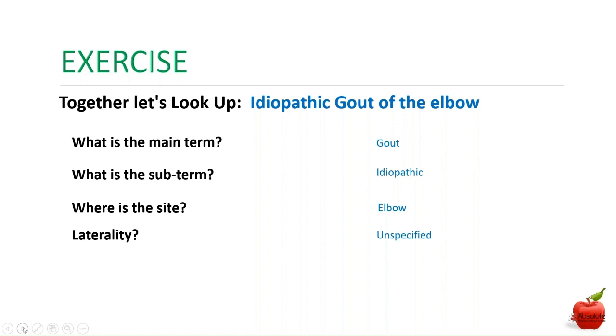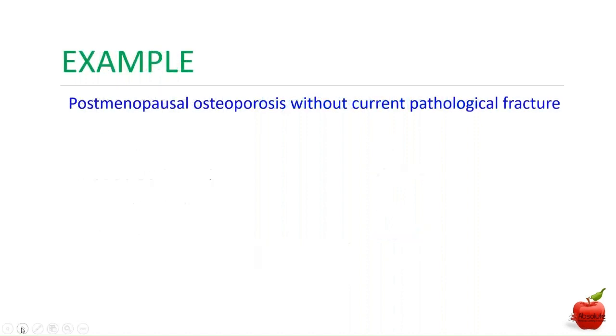So we have a main term gout, idiopathic as the subterm, the site is elbow and the laterality is unspecified. And the code, as you have all already placed in the chat, is M10.029. That is the code for idiopathic gout of the unspecified elbow, right?